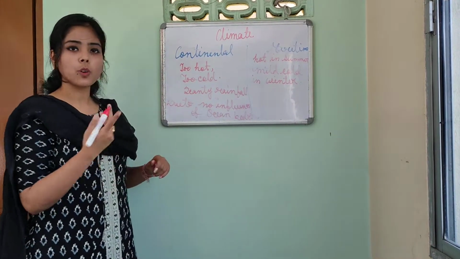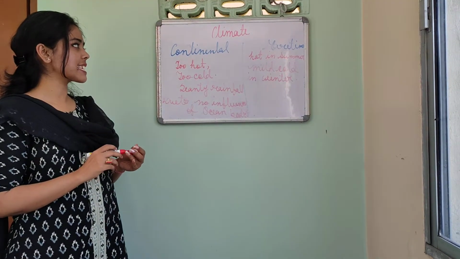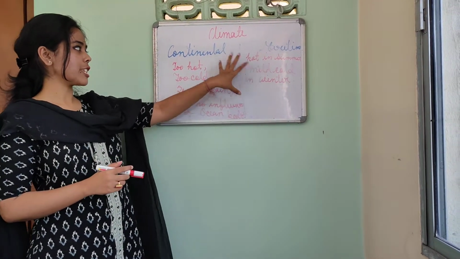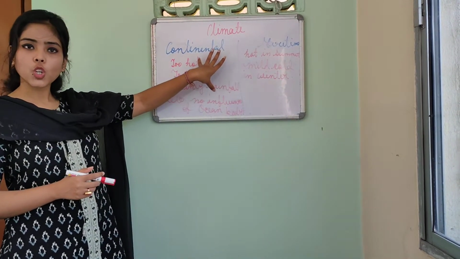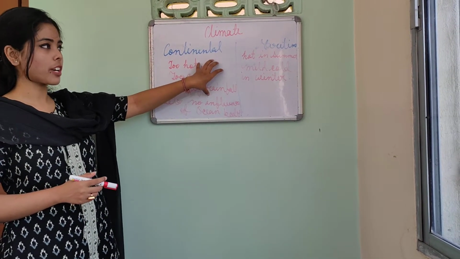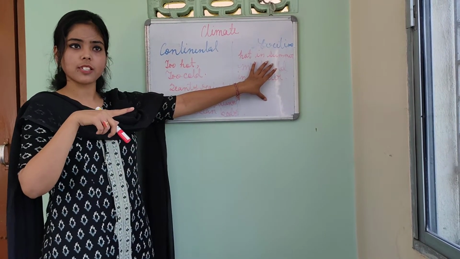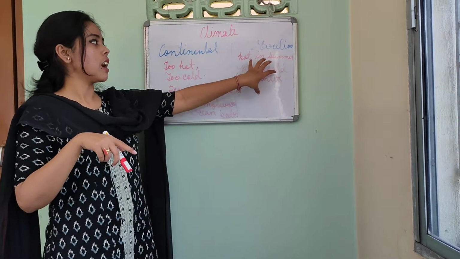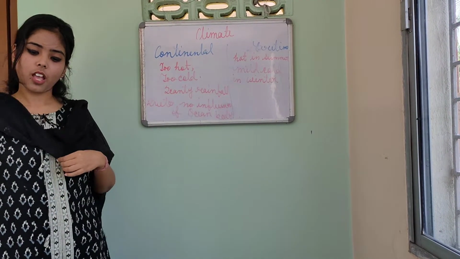The examples will be Kochi, Tamil Nadu and so on. So this is the basic difference between continental and maritime. Continental has no ocean body, and maritime is influenced by the ocean bodies on the eastern and western sides of the region.